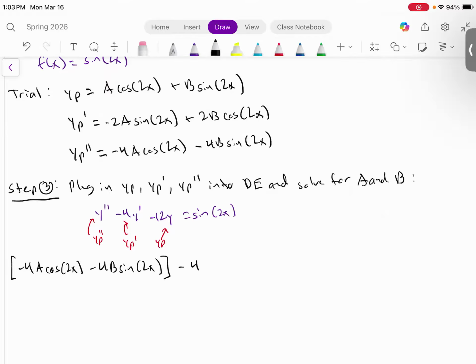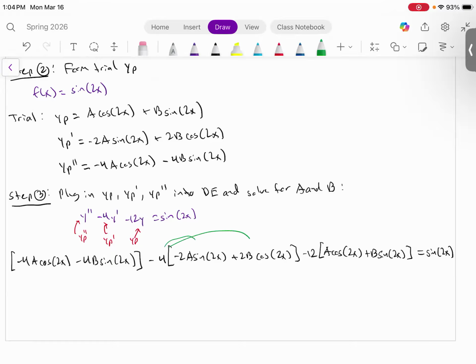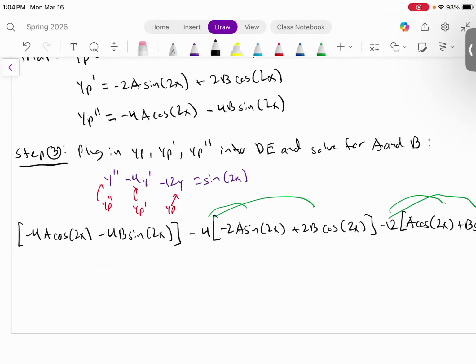And now what I want to do is solve for A and B. So now we're just in an algebra game. And what we need to do is distribute in some of these constants. So we need to distribute in this -4 and distribute in this -12. And maybe drop some of these brackets. So let's go ahead and take care of that. So I'm going to drop these brackets, -4a cosine of 2x minus 4b sine of 2x.